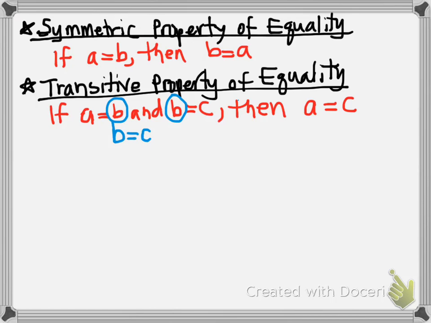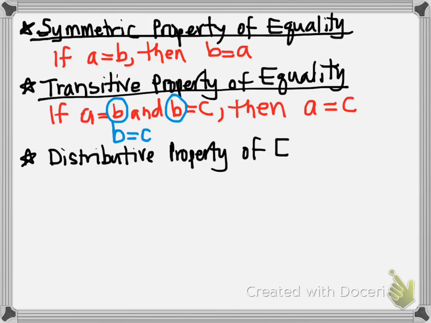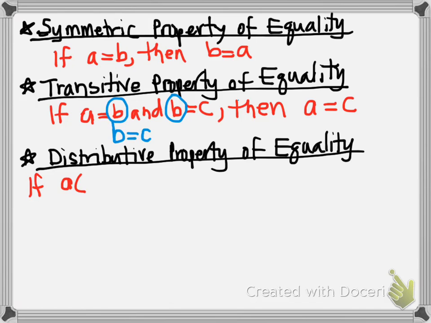Now, oh, I forgot, there is one more, and this is the distributive property of equality. The granddaddy for algebra. And this is the one that says, if A, no, this one doesn't even get an if.